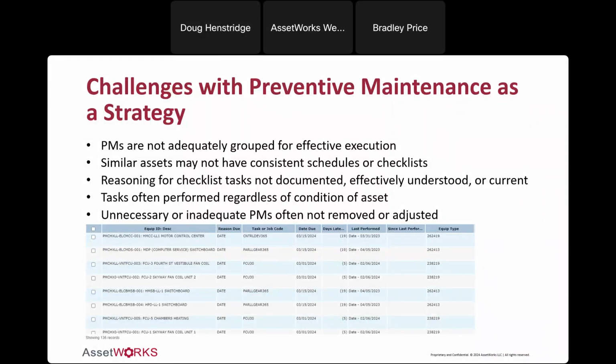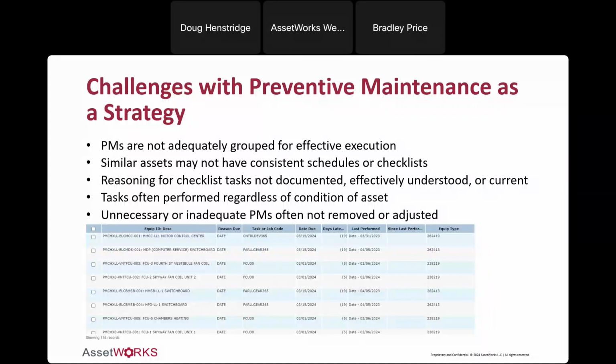In a large building that maybe has 20 stories, are we grouping them so that the PMs in a certain geography in the building, floors 1 through 4, let's say, trigger together so I can do them together? Or am I getting a random assortment throughout the building, where I've got 5 on the 2nd floor and 3 on the 12th floor and 4 on the 17th floor to do? That creates a lot of extra wasted time moving around, and it may not be the most effective way to execute the PMs.